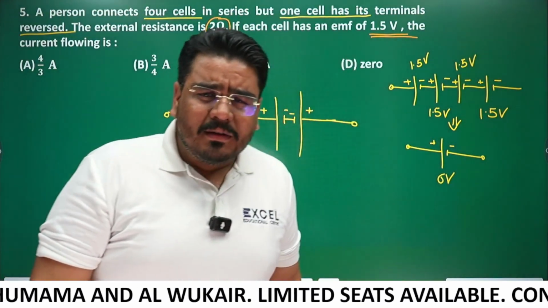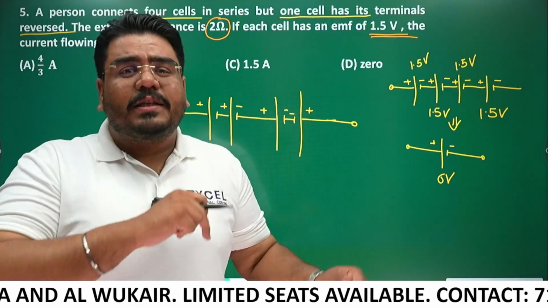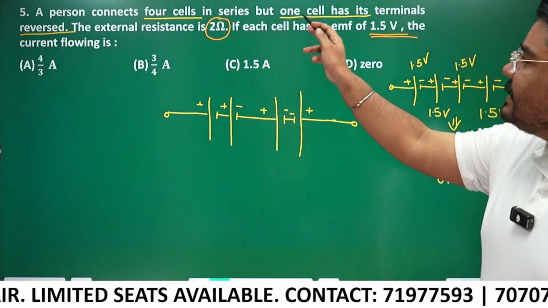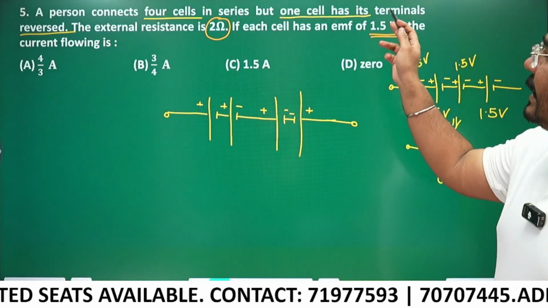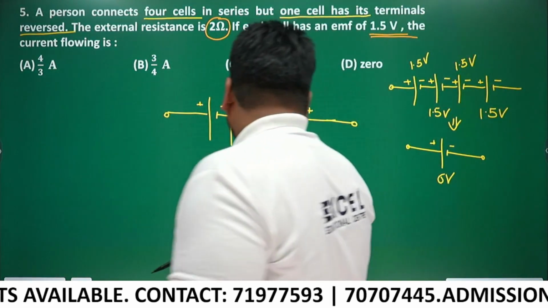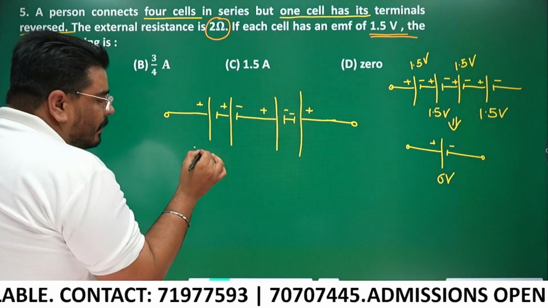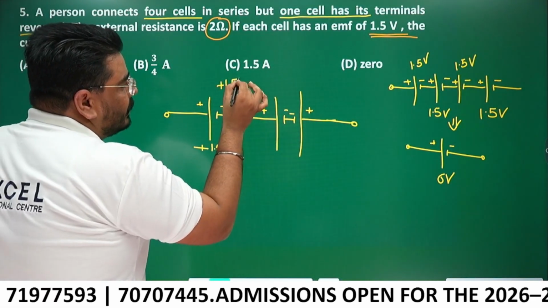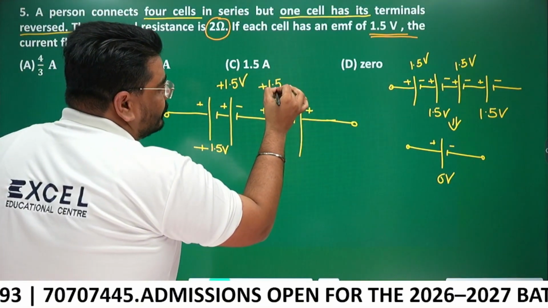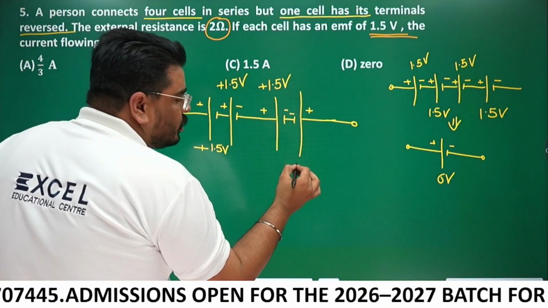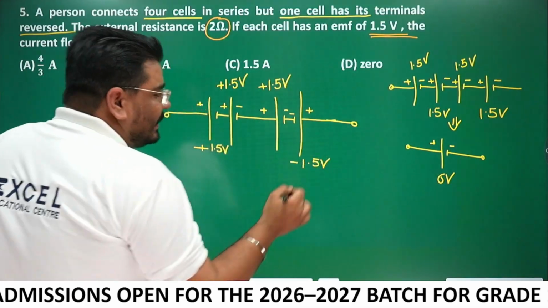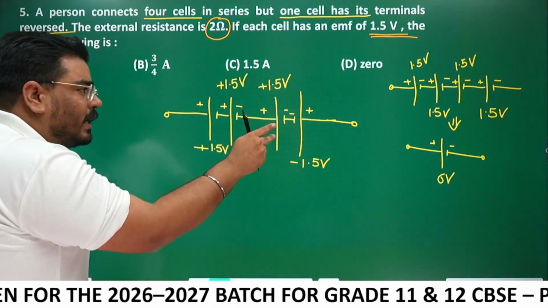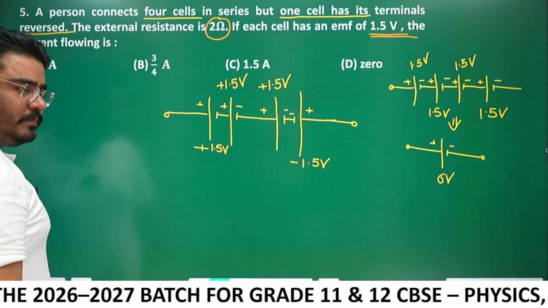Sir, why is it not 6 volt actually? Because they said they are connected in series, but one cell has its terminal reversed. Now what will happen? Plus 1.5 volt, plus 1.5 volt, plus 1.5 volt, and this one should be minus, because this is trying to flow the current in the opposite direction.